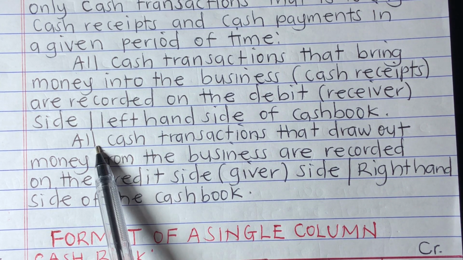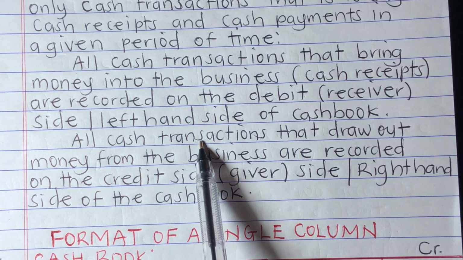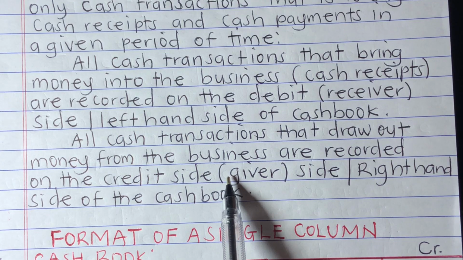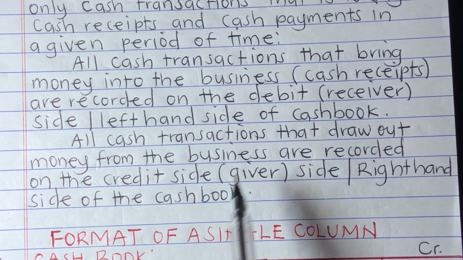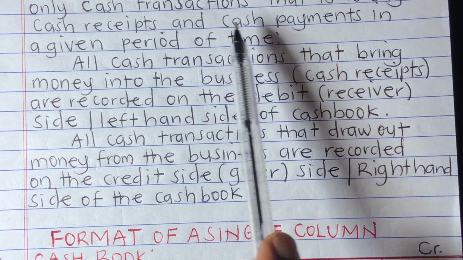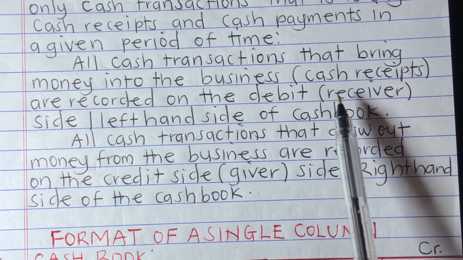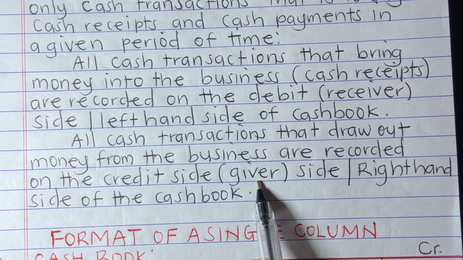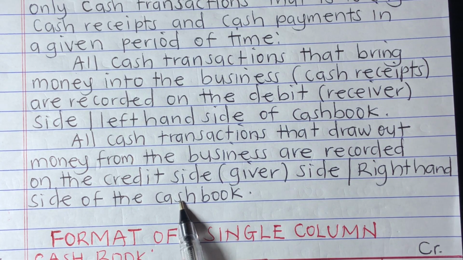So all transactions that make the business spend out money are recorded on the credit side, the giver side. All transactions that bring in money are recorded on the debit side, or the receiver side, and all transactions that draw out money are recorded on the credit side.